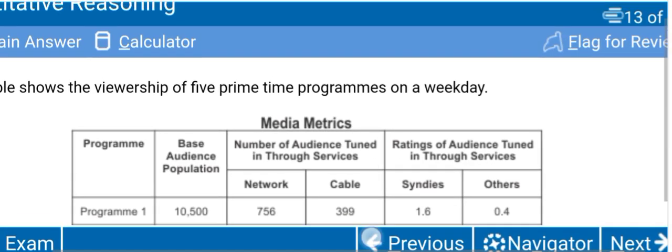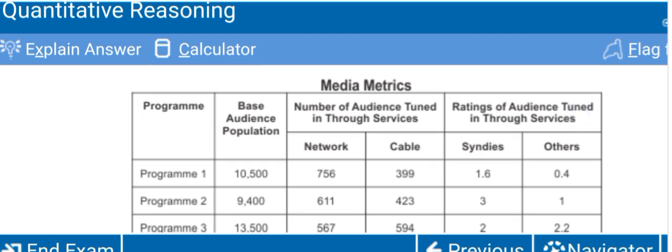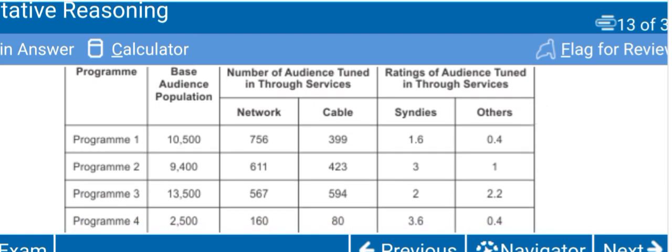Next we have question number 30. This table shows the viewership of 5 prime time programs on a weekday. Media metrics. So first we have programs, then base audience population, number of audience tuned in through services, that is network or cable.